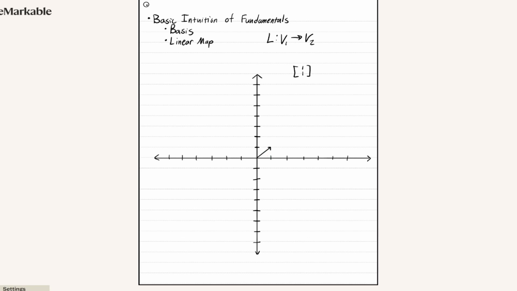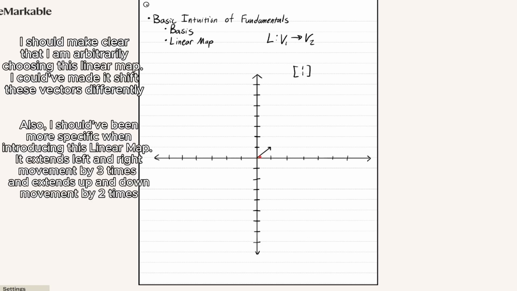Let's say the linear map we want to do, again, a linear map is just some movement of the vector in R2, stretches it to the right 3 for every one movement to the right, and for every one movement up, we stretch it up 2.